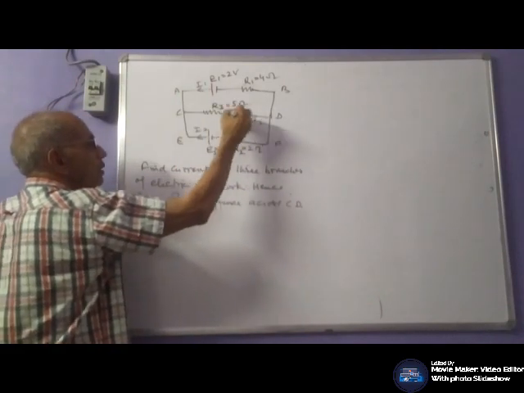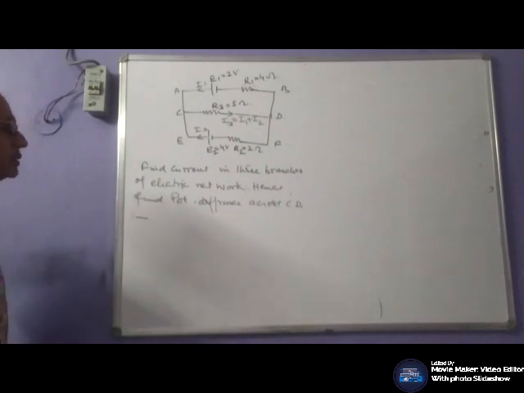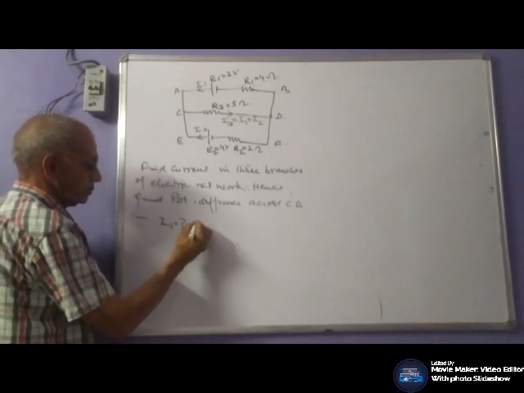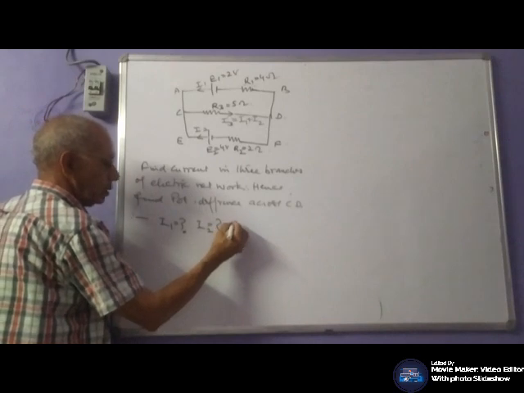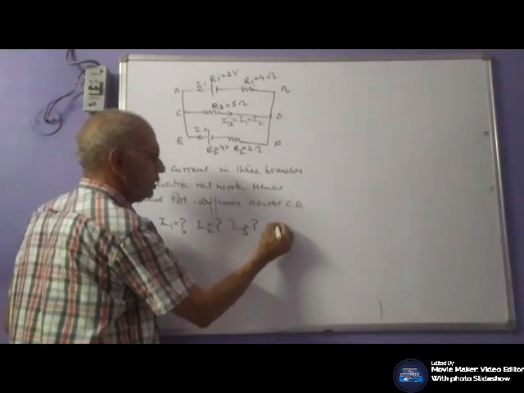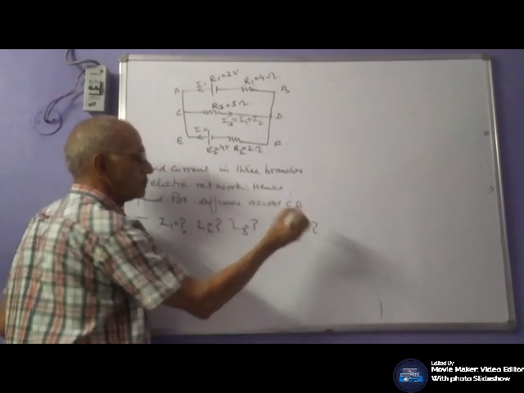Because I1 is coming like this, I2 is coming, so I3 will be I1 plus I2. So we have to find what I1, I2, I3 and V across CD.